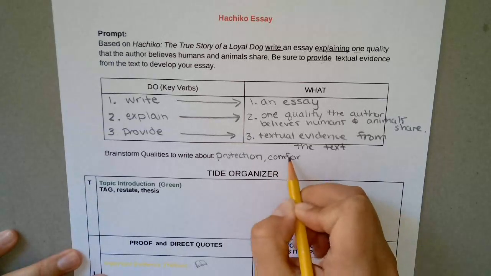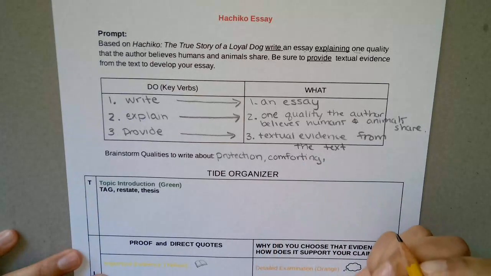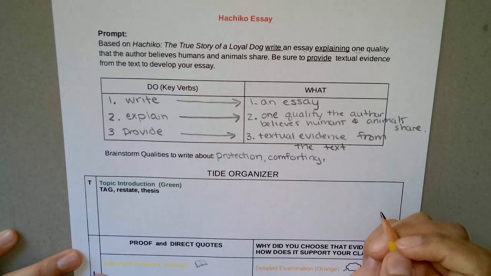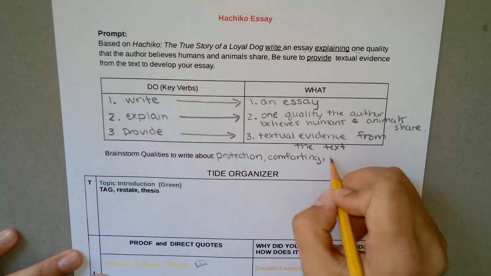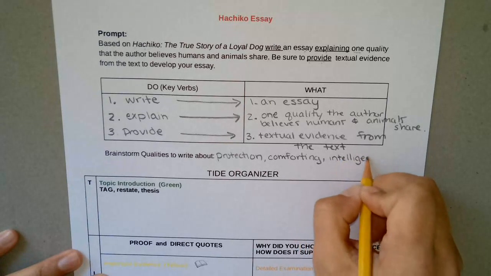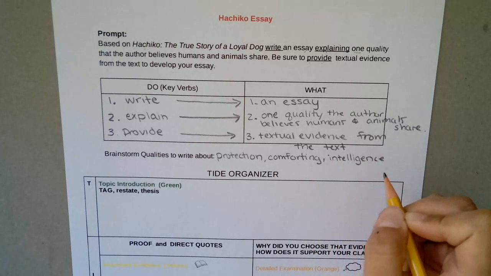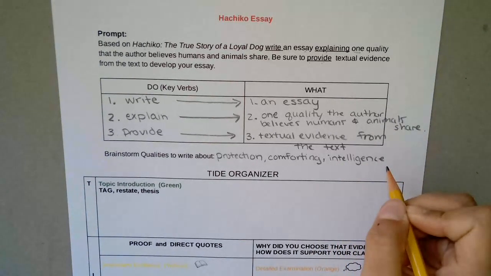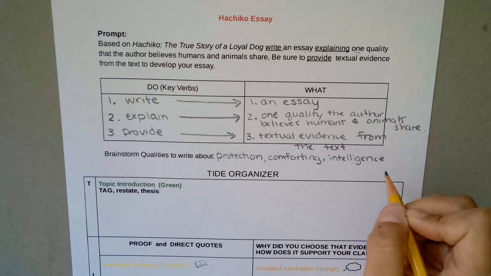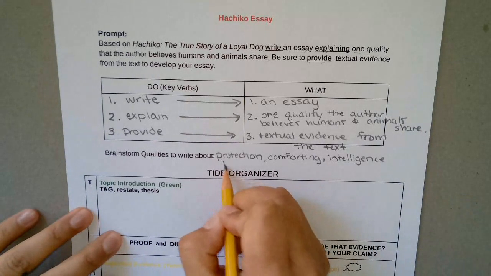Let's see, comforting. Maybe intelligence, right? Because maybe the dog, Hachiko, knows that his owner is not coming back. We really don't know for sure. So maybe intelligence, and definitely loyalty, right?